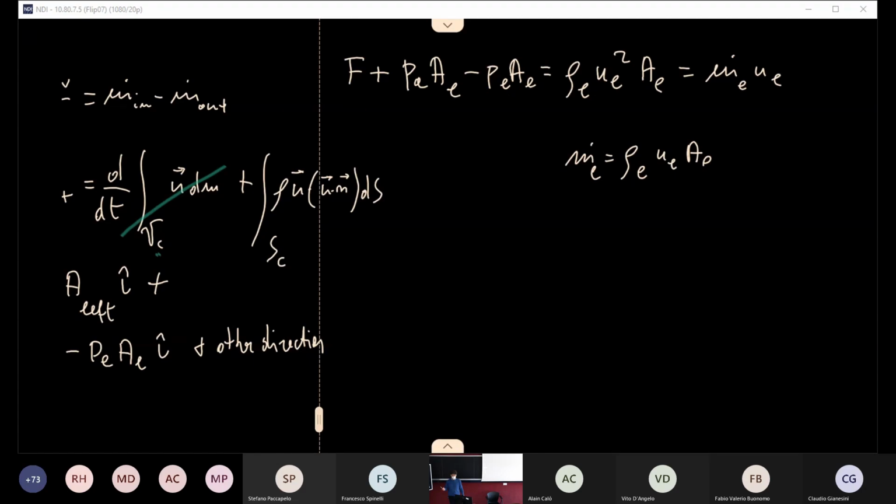And what we see here, that we have a new expression that is F equal to mass flow rate by velocity plus a pressure term, which is the difference of pressure multiplied by the exit area. So we have quickly seen this by this balance of forces and momentum.